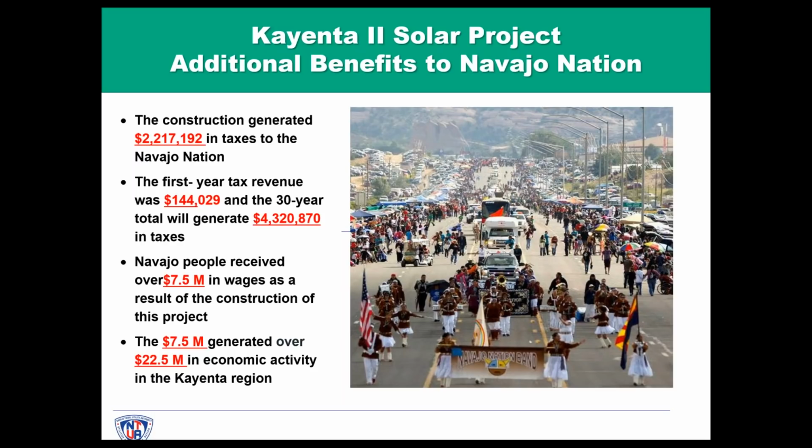First year tax revenue was about $144,000, but that converts to $4.3 million over the 30-year life of the project. The folks that worked on the project received $7.5 million, and that generated over $22 million in economic activity in the Kayenta region. So you can see it's very, very beneficial to the region, to the folks that worked on it, and to Navajo Nation in general on a long-term basis.